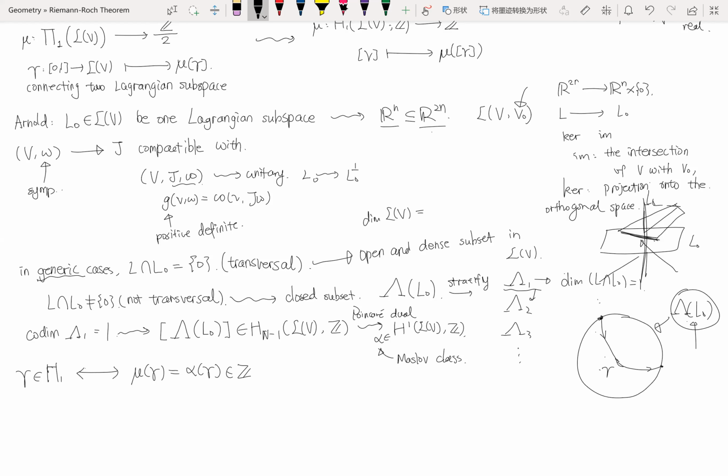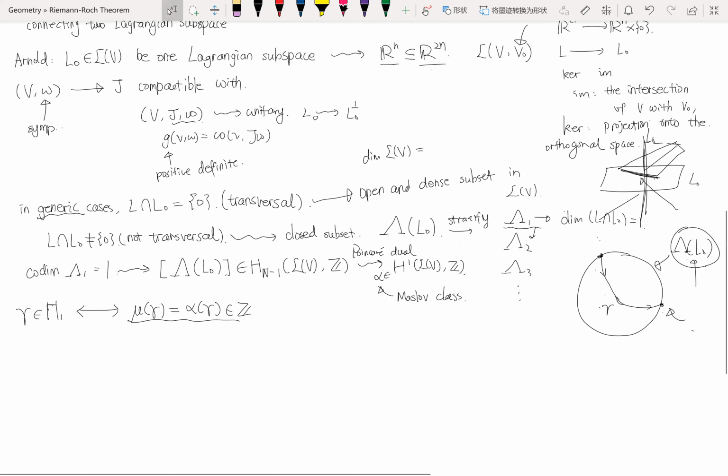We just count the intersection number of the curve with this stratified space, and then we get the invariant.